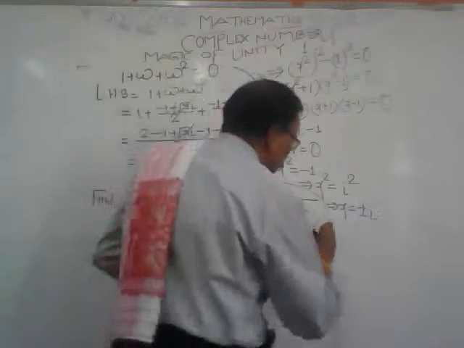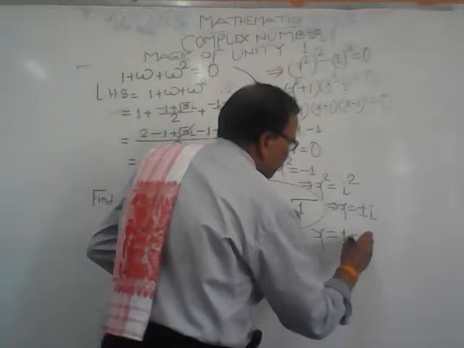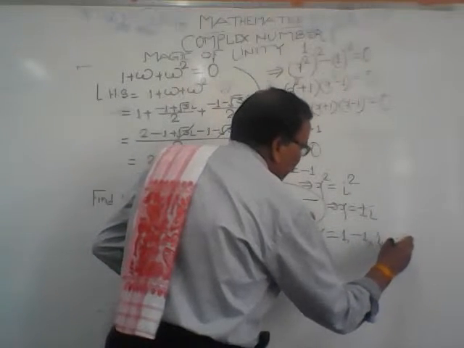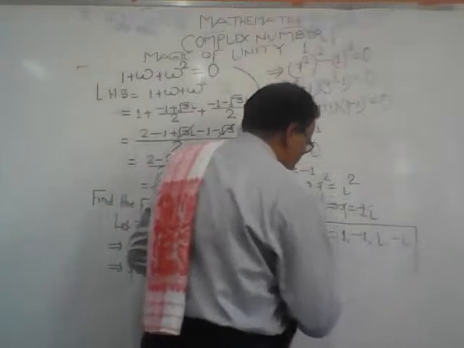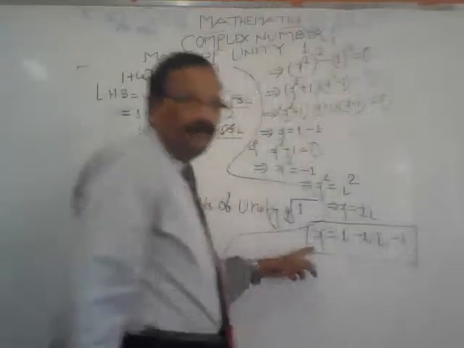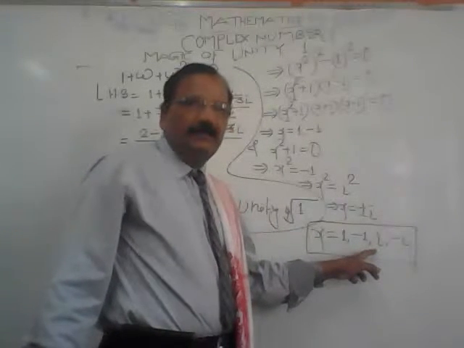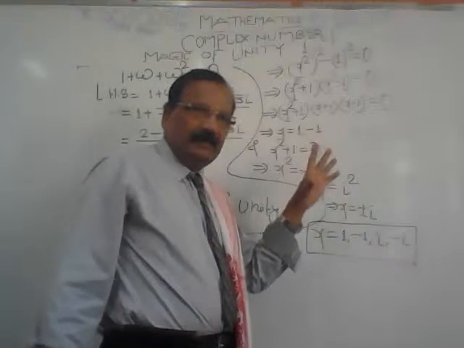Hence, the fourth roots of unity are x is equal to 1, minus 1, i and minus i. The fourth roots of unity are read as iota i, which are 1, minus 1, i, minus i.